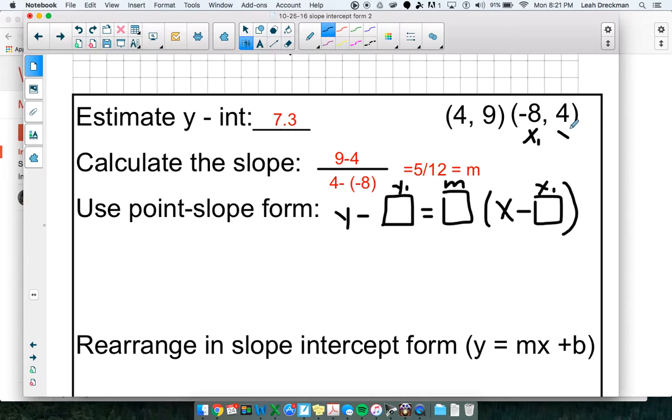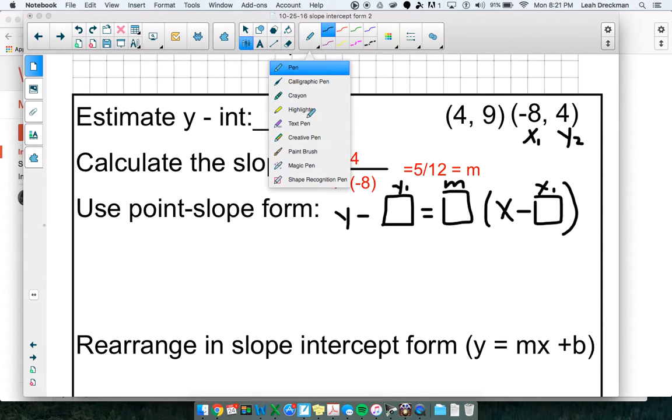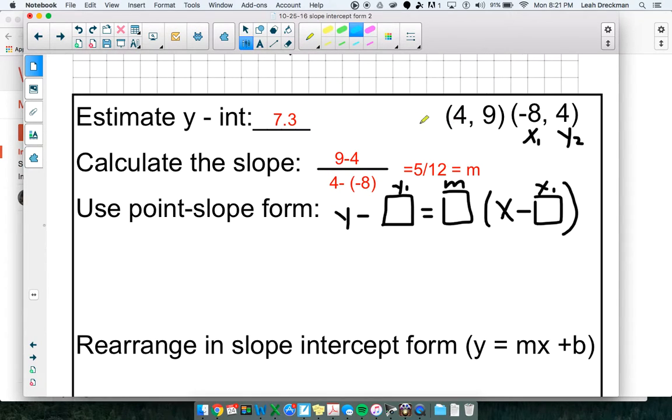So x1 and y1. Okay, so again, color code. Looks like my slope, this number is going to go here. My negative 8 is the x value, so that's going to go next to the x. That's kind of how I remember that. And then my y value is going to go right here next to the y.